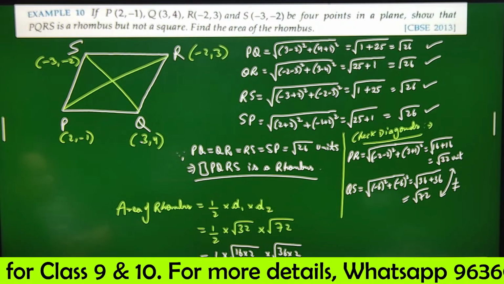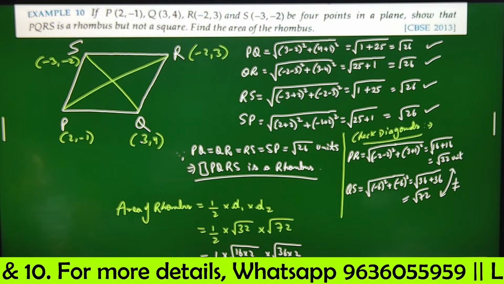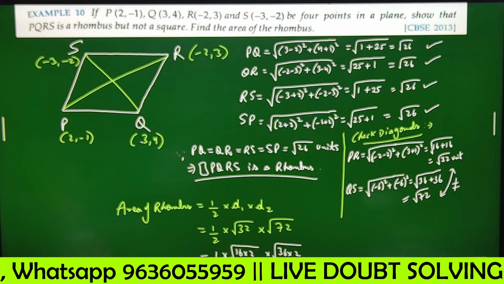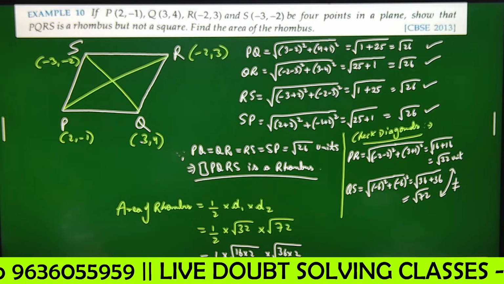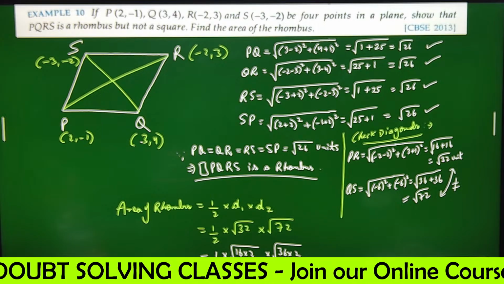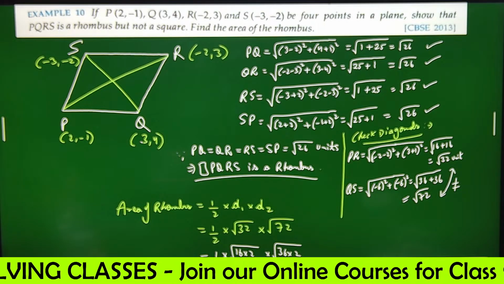So the question was, prove that this is a rhombus but not a square. Find the area of the rhombus. So first we had to prove, and after that we had to find the area and all that.